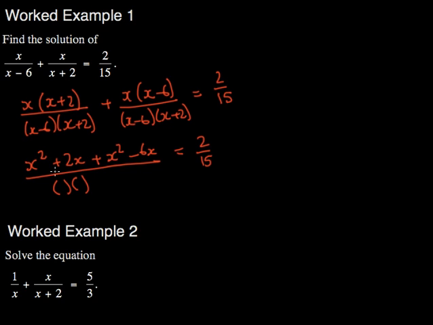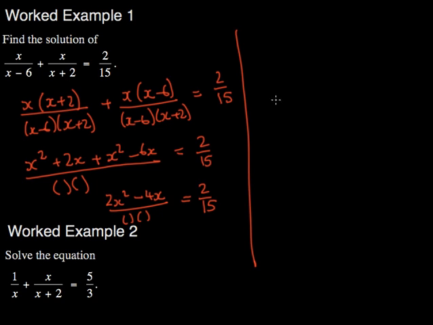Now, the x squared terms can combine, and so can the x terms. So on my numerator, I've got 2x squared minus 4x. And that's equal to 2 over 15. What now?